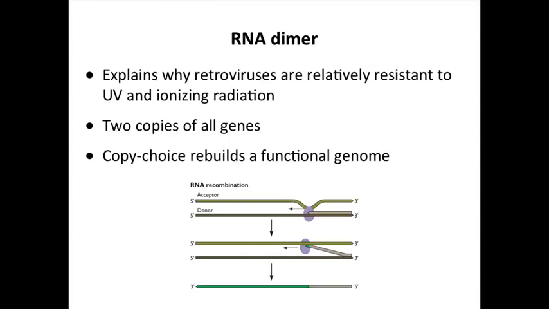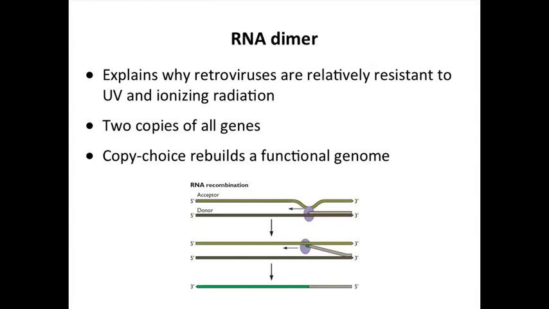So what we think happens is during reverse transcription, which we'll talk about in a minute, the enzyme is always switching back and forth between one template and the other. It just does so randomly. And so in the end, you increase the chance that you're going to get rid of deleterious mutations. So let's say the genomes have a mixture of mutations caused by UV or ionizing radiation.